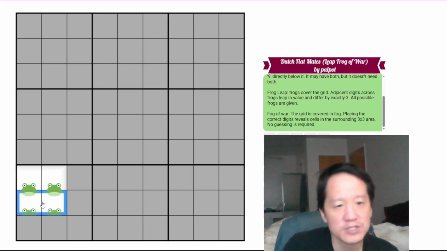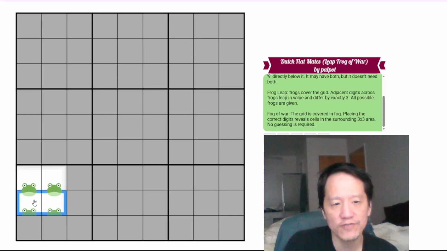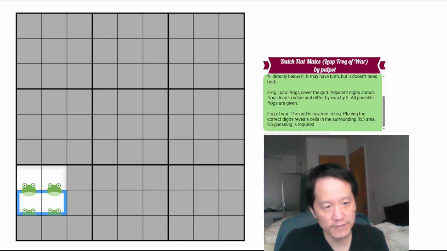But again, as we said, if this is 5, it has to have a 2 or an 8 above it and a 2 or an 8 below it, which means you cannot have a 1 here, you cannot have a 9 here. So the 5 would not be valid in either of these cells. So this must be 4 and 6 here.